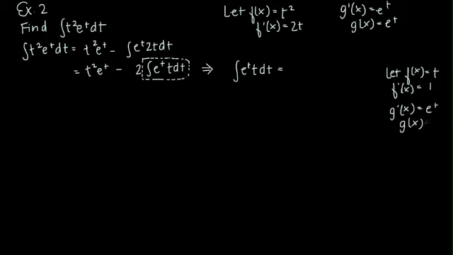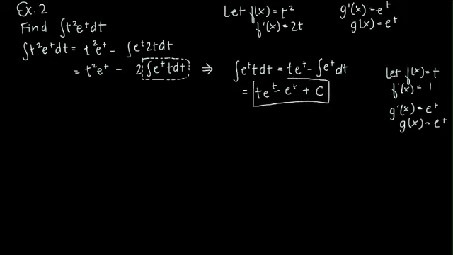So using our integration by parts formula, we can now say that the integral of e to the t times t dt equals t times e to the t minus the integral of e to the t dt.